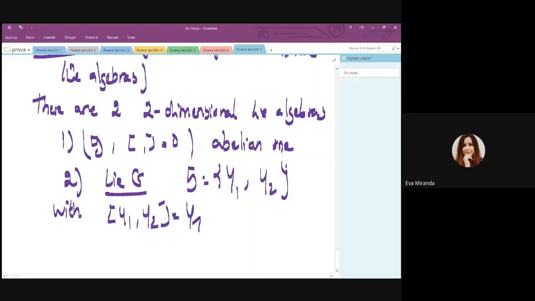That's the theorem that we have just proved in today's session.